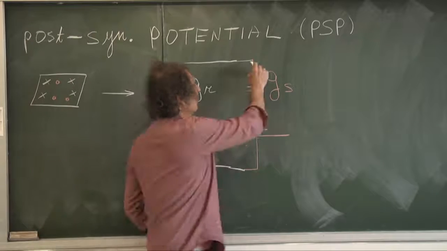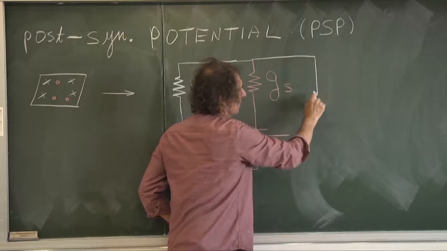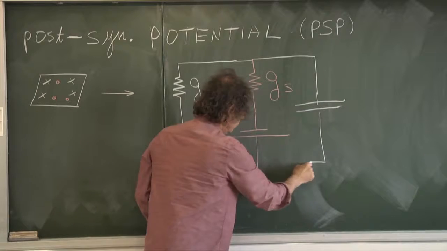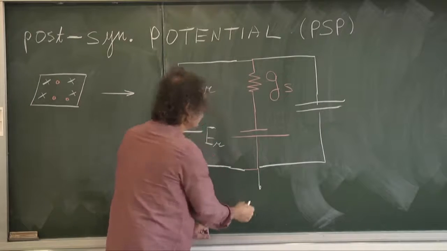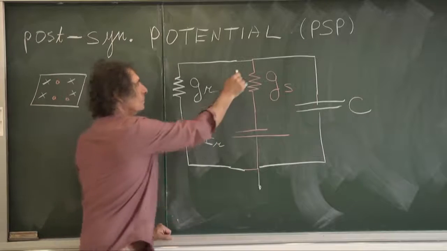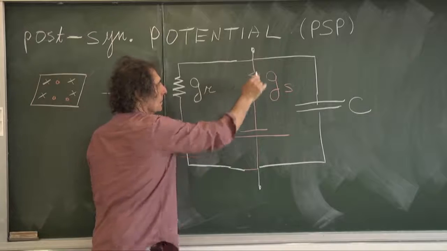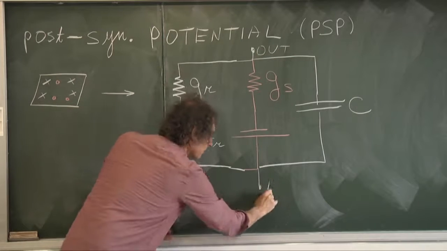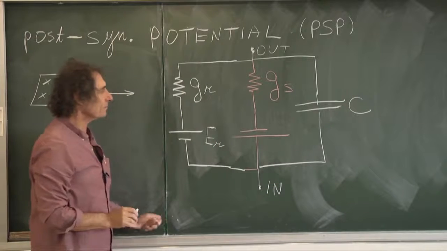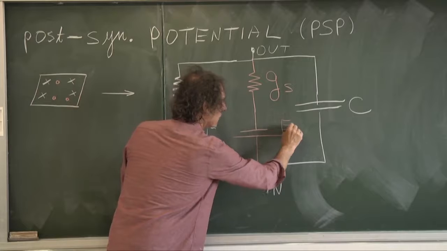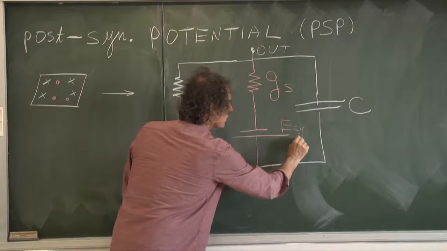And of course, everything else that is not ion channels, that does not allow the flow of current through the membrane, behaves like a capacitance. This is the outside, and this is the inside of the cell. And this is what we call the synaptic battery, E-synapse or ES.